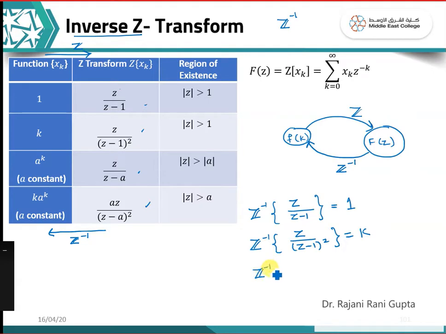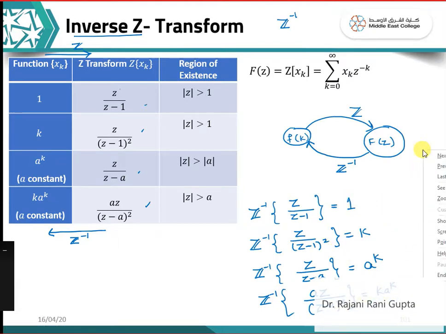The inverse Z transform of Z over Z minus a gives you a to the power k. The inverse Z transform of aZ over (Z minus a) to the power 2 gives you k a to the power k. All these things are similar to what we have done in the case of the Laplace transform.